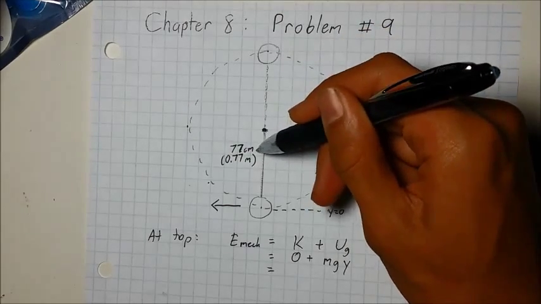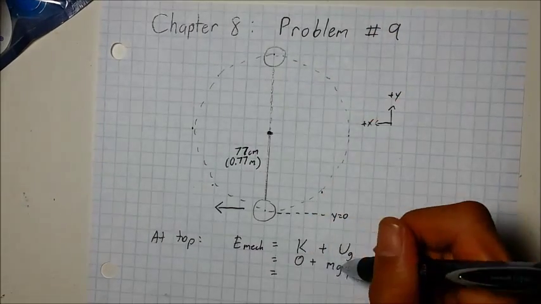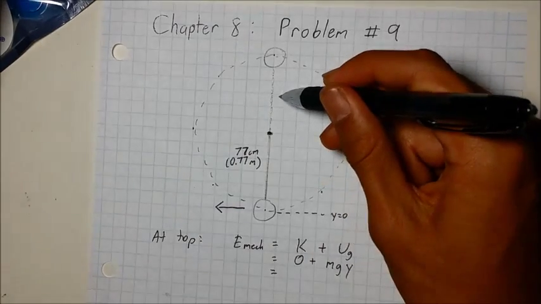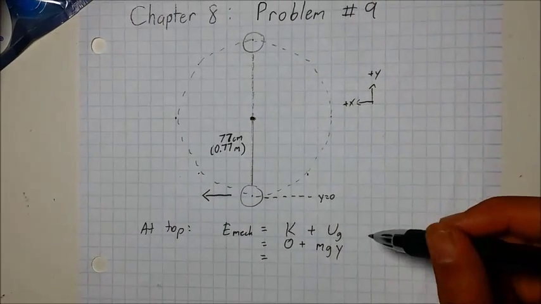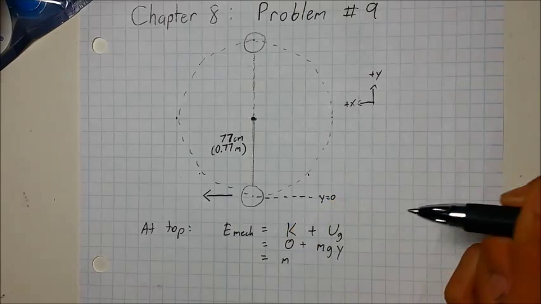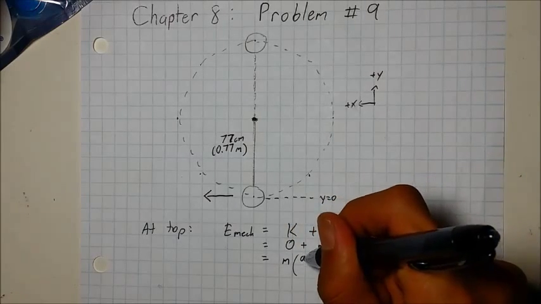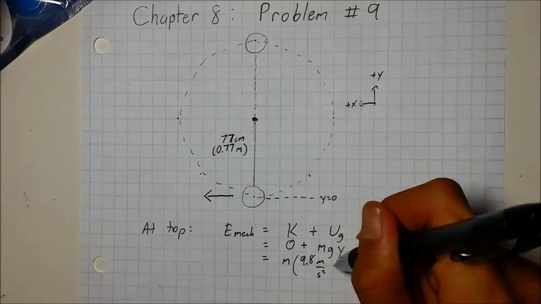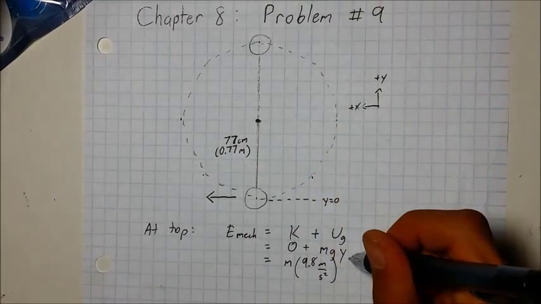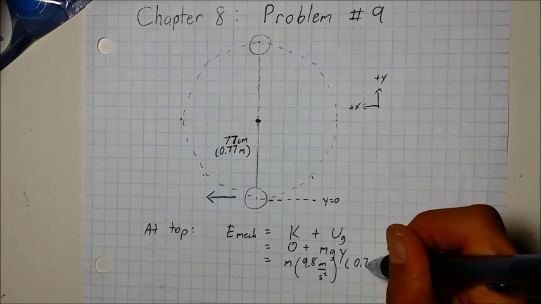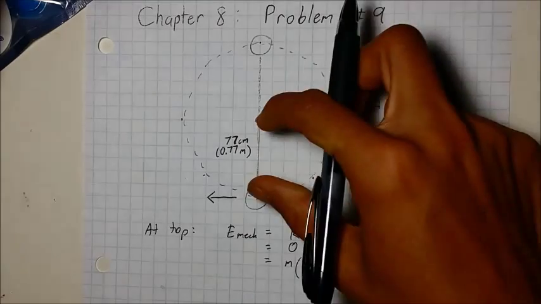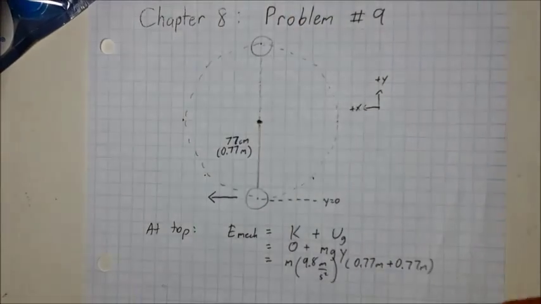If the radius is 77 centimeters, then the y value would be 2 times the radius. So we can start plugging that in now. The mass we don't know. We'll just call it m for now. g is 9.8 meters per second squared. And the y value is the height, which is 0.77 meters plus 0.77 meters, which is that plus that.